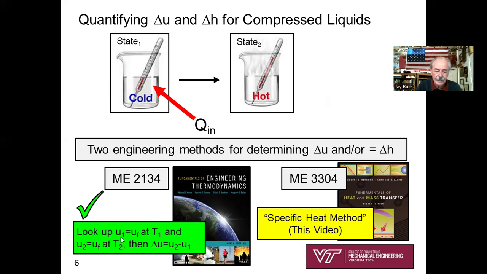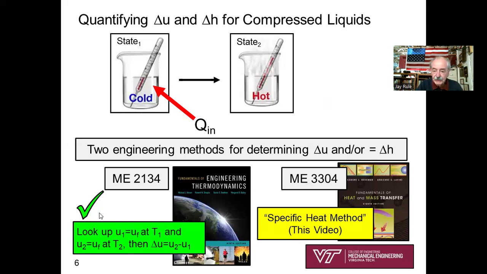You evaluate U1 by going to your temperature table, looking up U sub f, the internal energy of saturated liquid, and writing that down as U1. You do the same for U2 at state 2. You know T2, you look up U sub f at T2, and that enables you to find delta U. That's what you need to stick with in thermo class, because you've taught yourself to do that for this situation. So I strongly recommend you stick with that method in your thermo class.